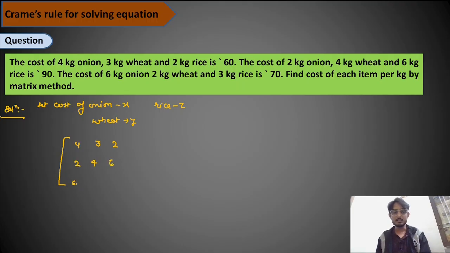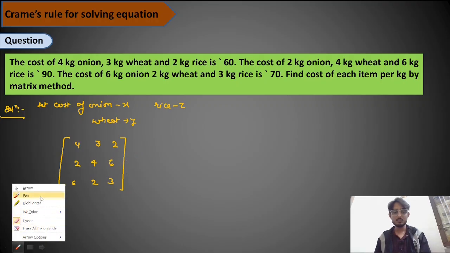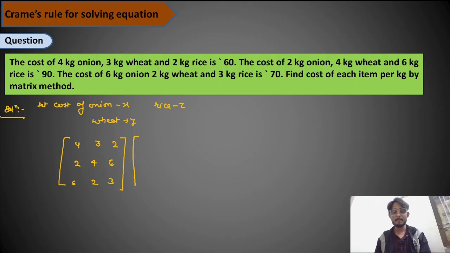Then 6 kg onion, 2 kg wheat and 3 kg rice. When you multiply this by their price, which is x, y and z, then you will get the cost as first one is 60, then 90, then 70.